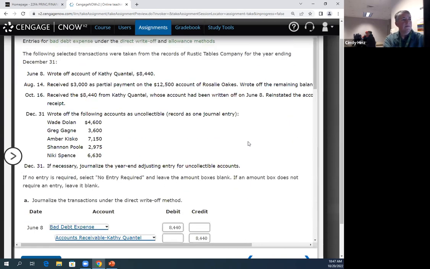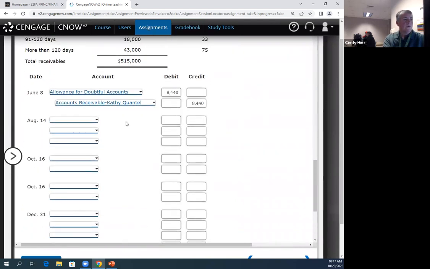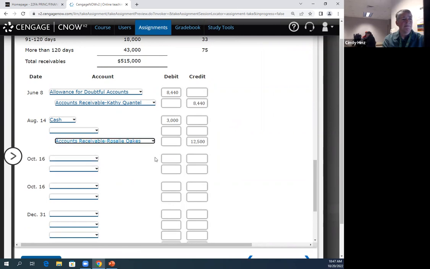The second entry is for the $3,000 partial payment from Rosalie Oakes. So again, the cash part, either we have the cash or we don't. If she paid us $3,000 in cash, we need to report that she paid us $3,000 in cash. Partial payment and a write-off of the remaining balance, the credit is to accounts receivable.